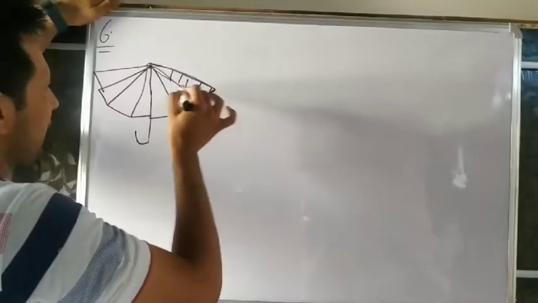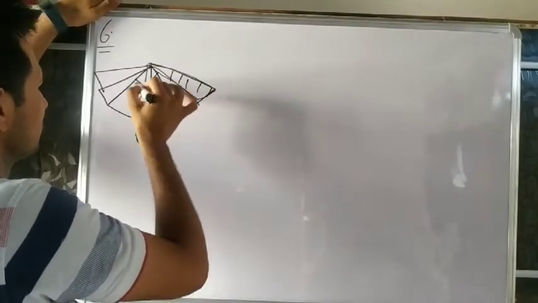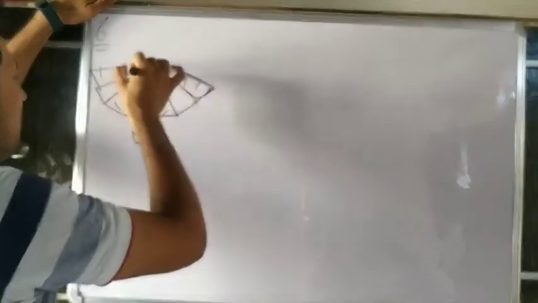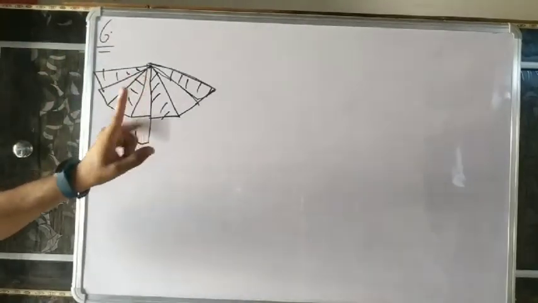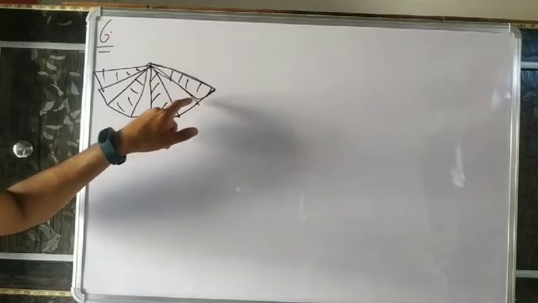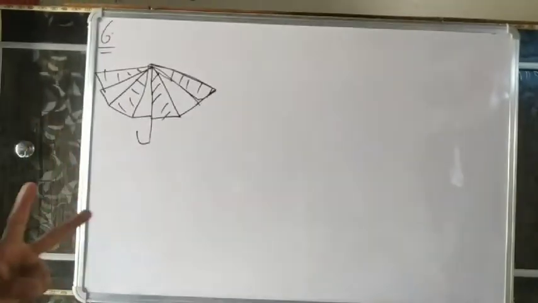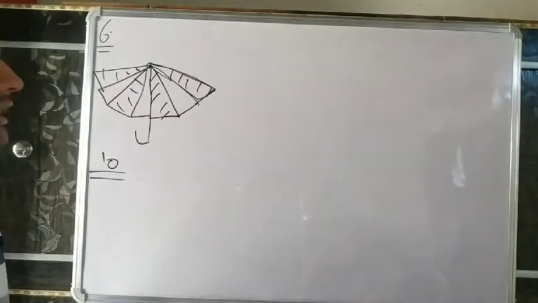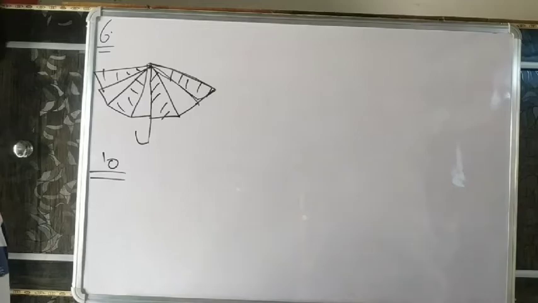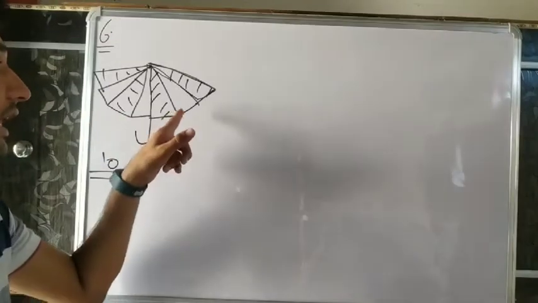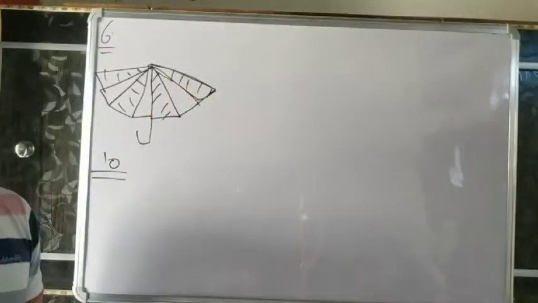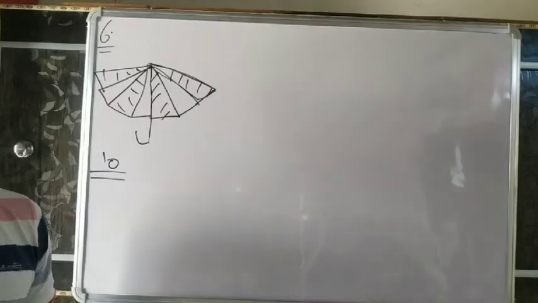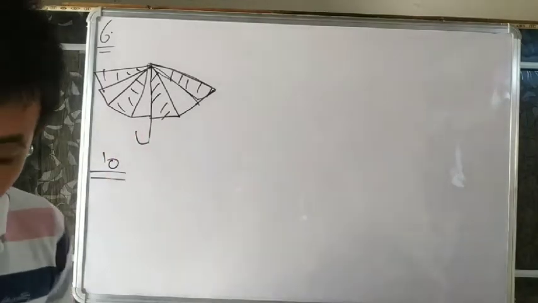Suppose first color, next, so they are different. There are two colors: one is lining and the second is plain. So two different colors, total 10 stitches. It means 5 are of one color and 5 of the other color. So total 10 stitchings like this, and every stitching is the shape of a triangle.